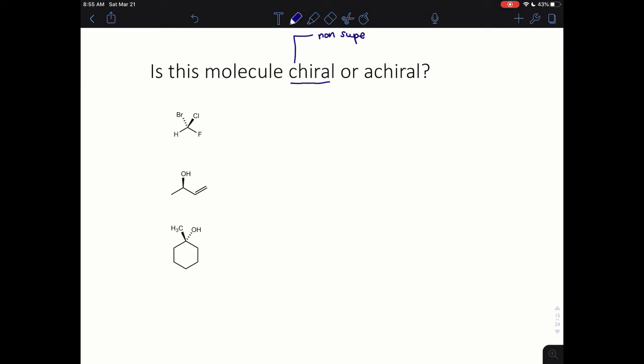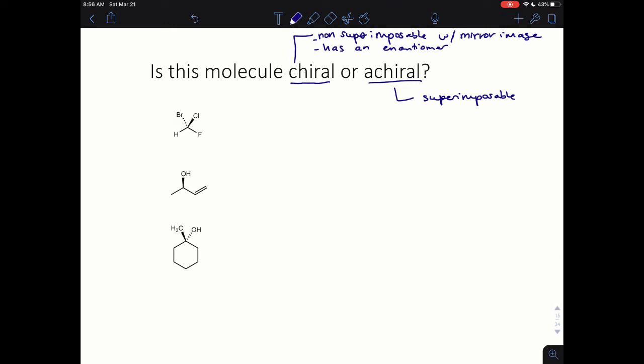So again, chiral will mean that it's non-superimposable with its mirror image. In other words, it has an enantiomer. The enantiomer is the mirror image, right? And they will not be the same. I know they're not the same because they're not superimposable, like your hands. Or is the molecule achiral?